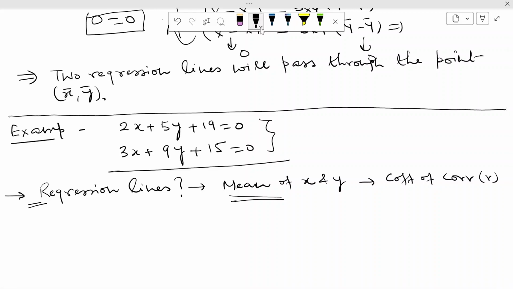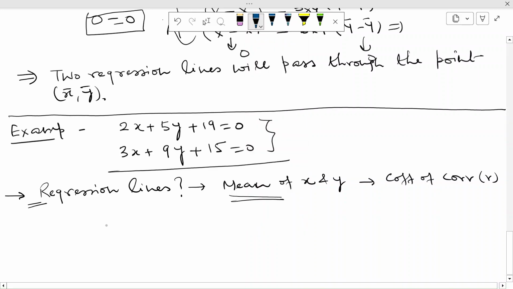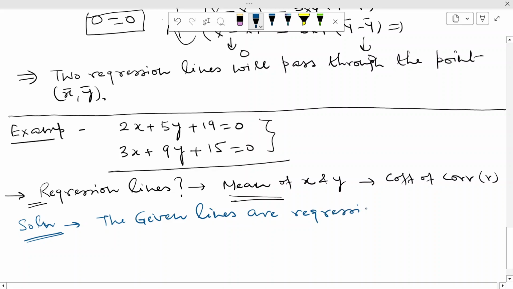So let us begin with the solution, and in this solution we are considering that the given lines are regression lines.